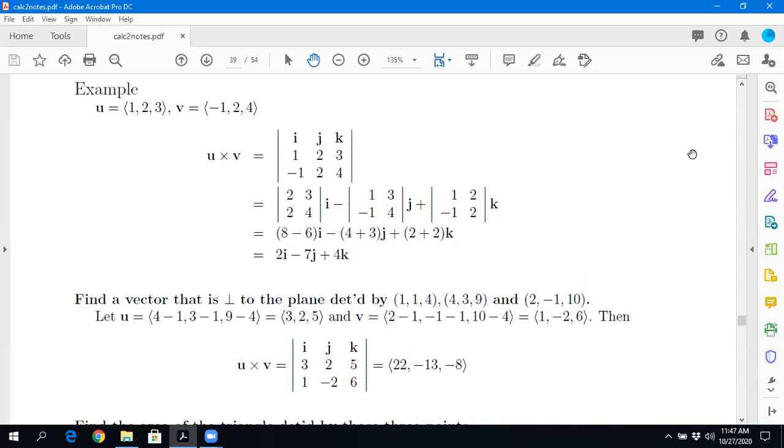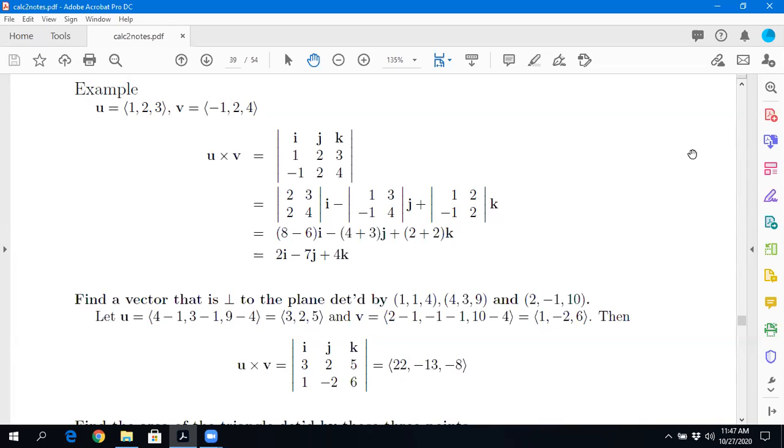So I just want to summarize, kind of make sure we're on the same page. 1, what's the first thing we want to be true about the cross product? So if I give you two vectors, I want the cross product to be perpendicular to those. Secondly, I want the length of the cross product to be equal to what?